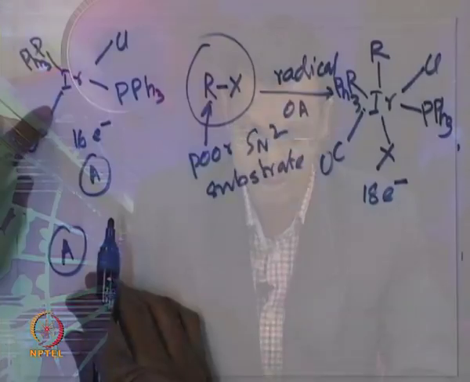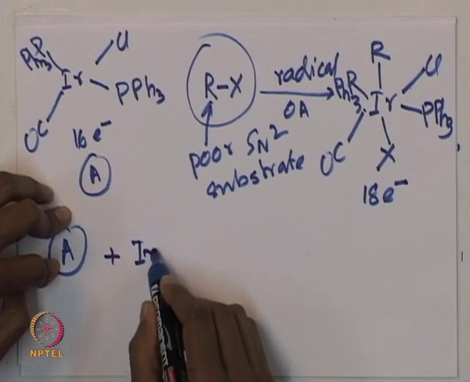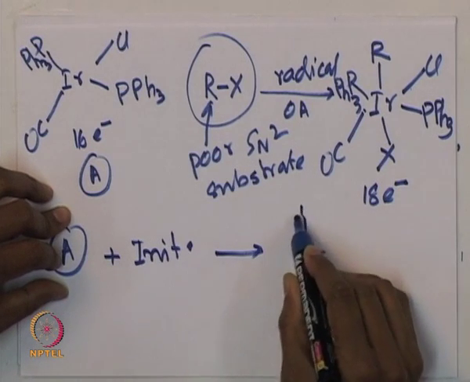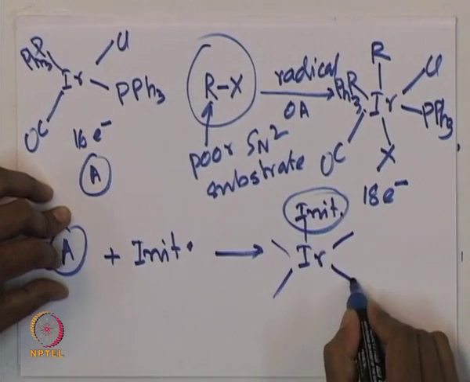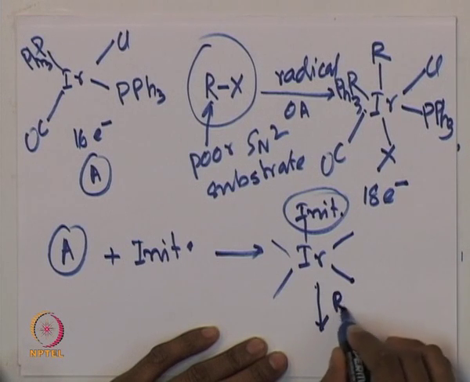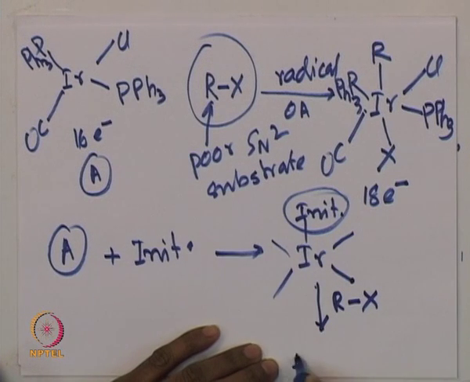Let me draw then. So, the organometallic intermediate A will react with the initiator to give you initially the iridium initiator species. The rest of the coordination remains the same, and then the RX will get involved to give you an iridium complex where you will have X and the initiator involved with it.